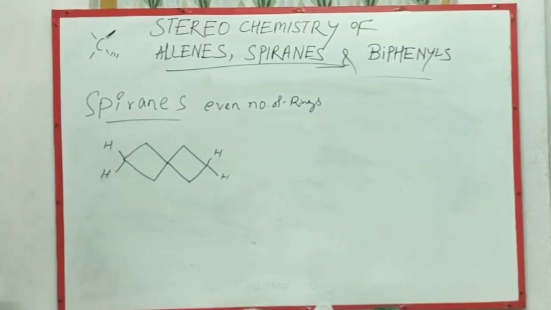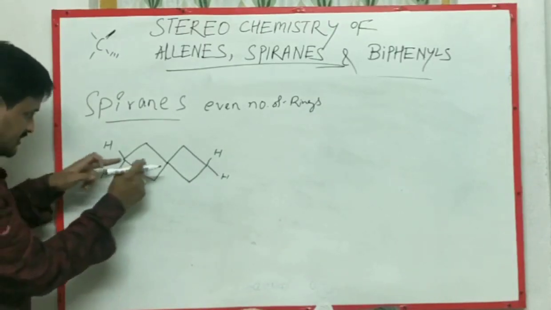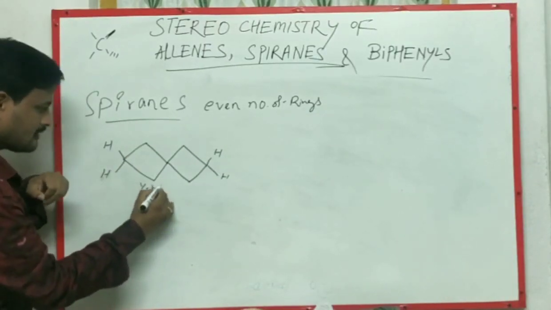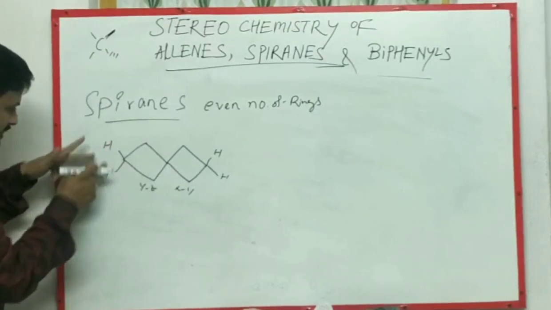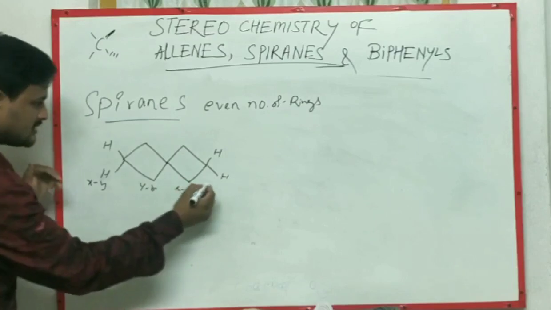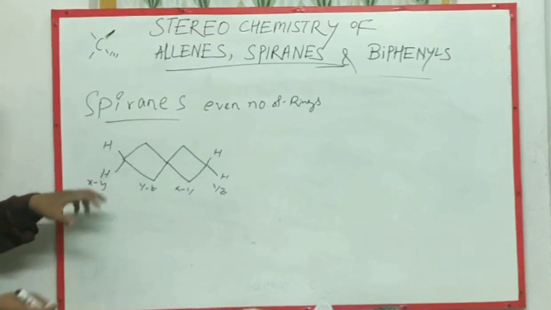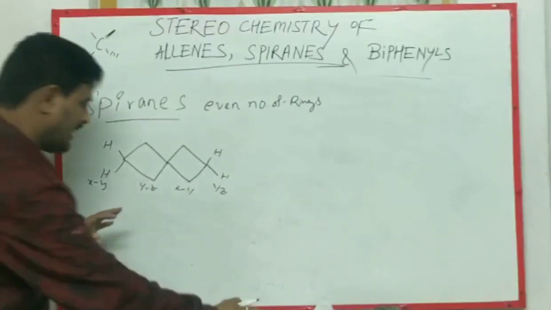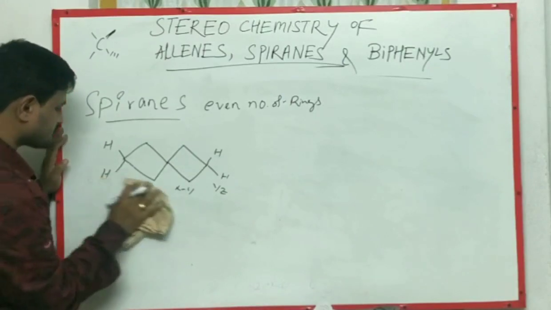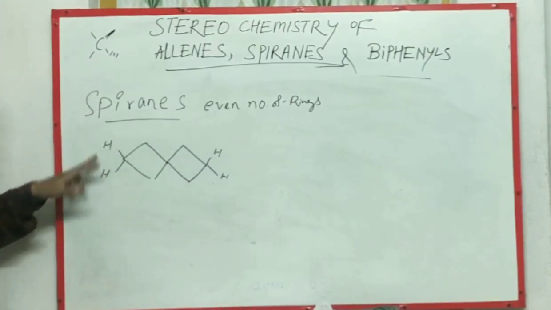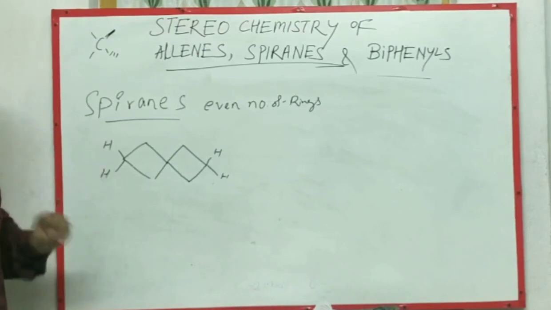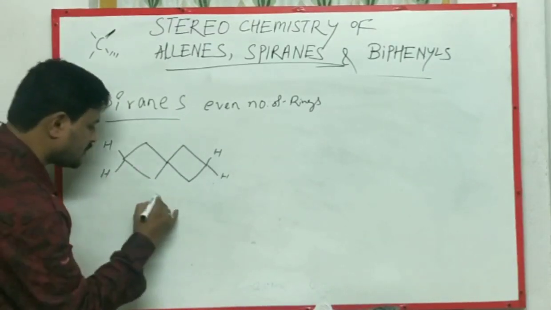Like allenes, this is the YZ plane and this is the XY plane, like this. In this example, how many rings are there? Two rings, so even.